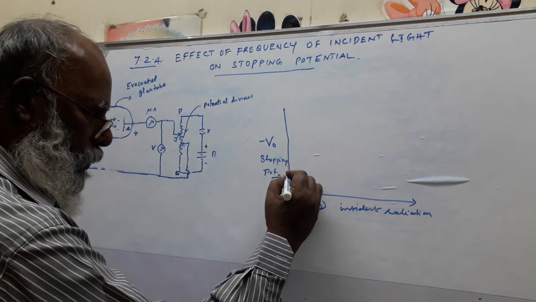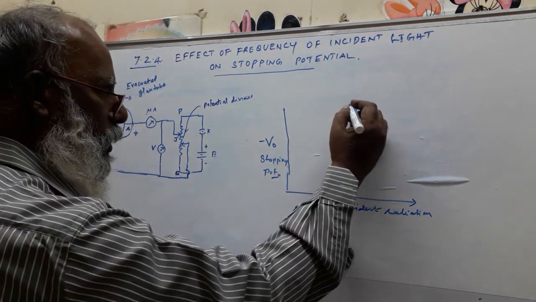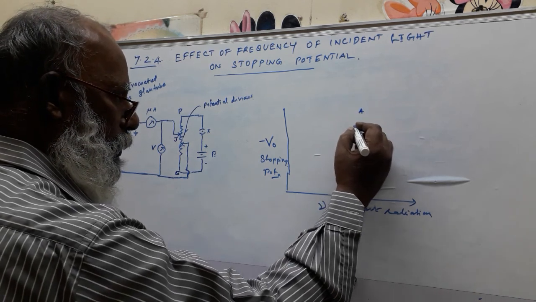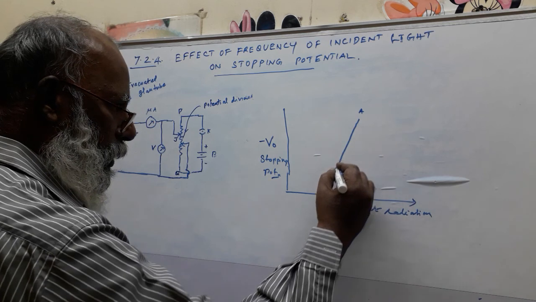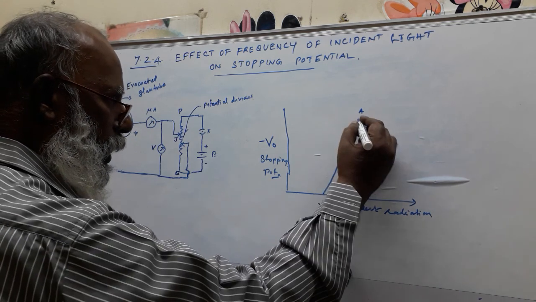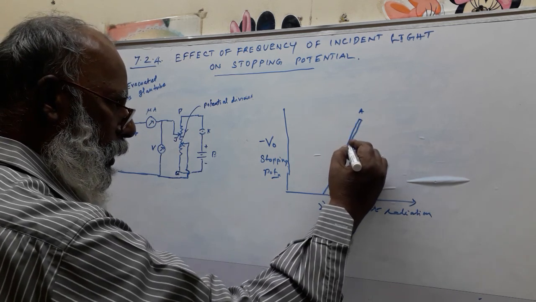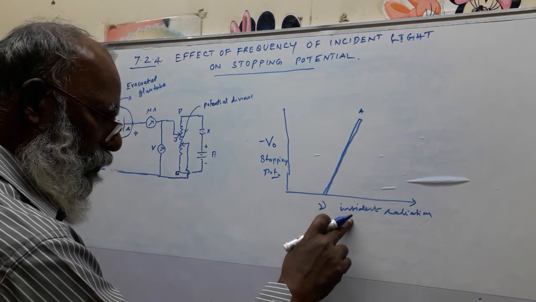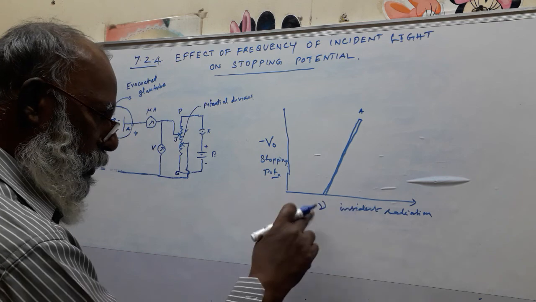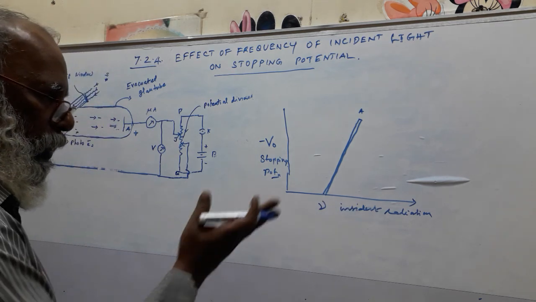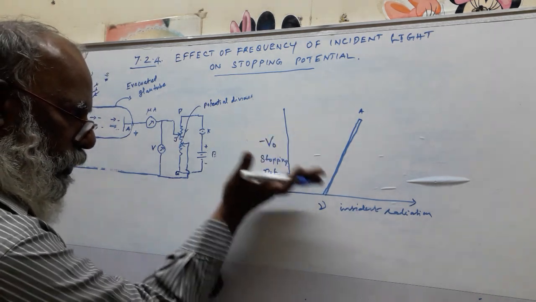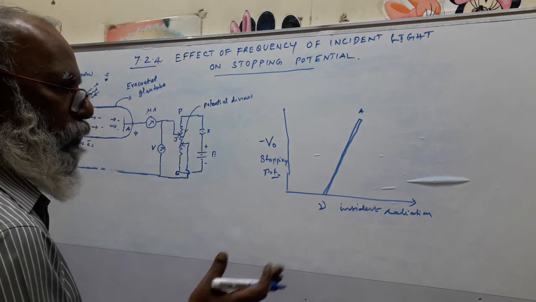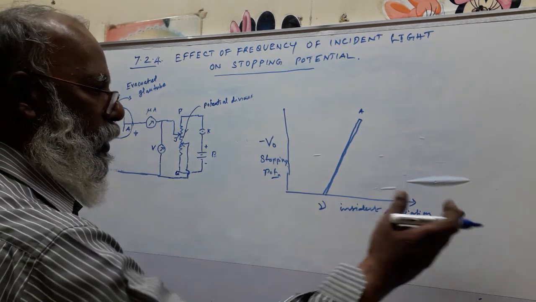Suppose you consider metal 1, or metal A, like this. If there is any change in the incident radiation frequency, then the corresponding stopping potential also rises linearly if you increase the incident radiation linearly.